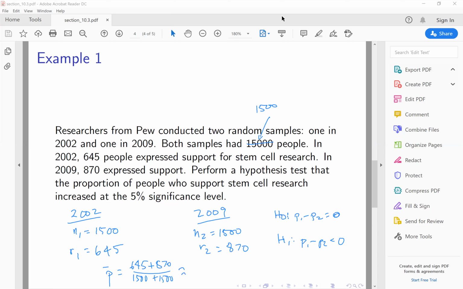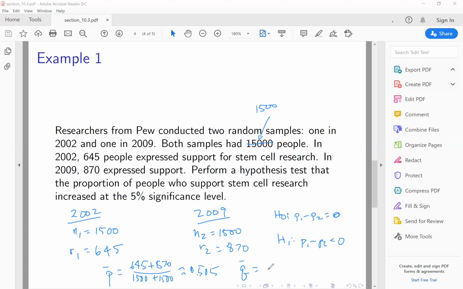And this is about equal to 0.505 roughly. Okay, now let's take a look at Q bar.